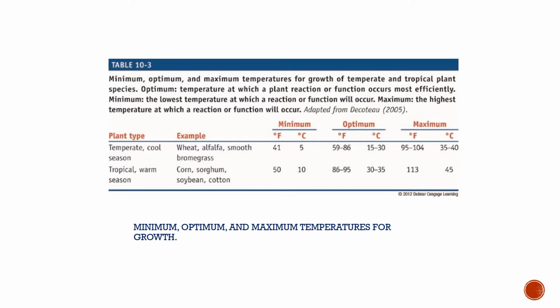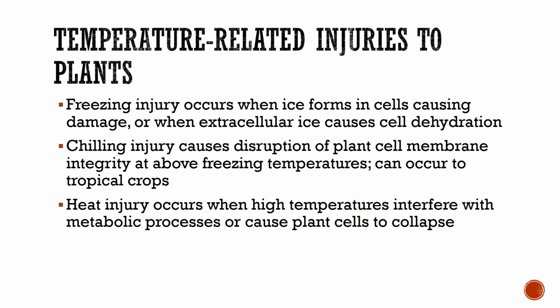But that's just another reason to be very vigilant and to plan towards how cold or hot that weather or climate might be. So just like we talked about freezing injury, chilling injury, it's going to be above freezing temperatures, but it might still have some sort of effect, and then heat injury.